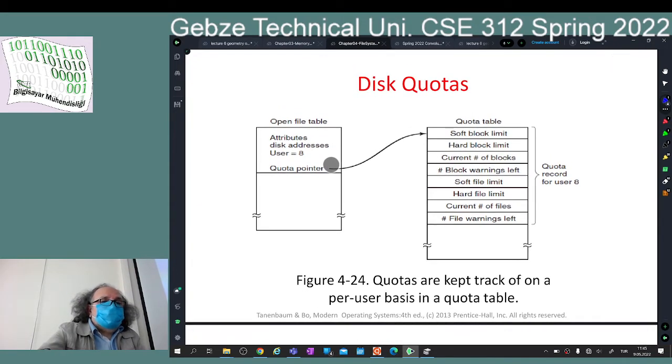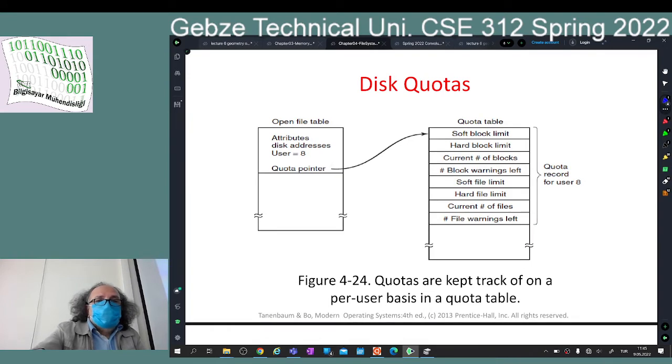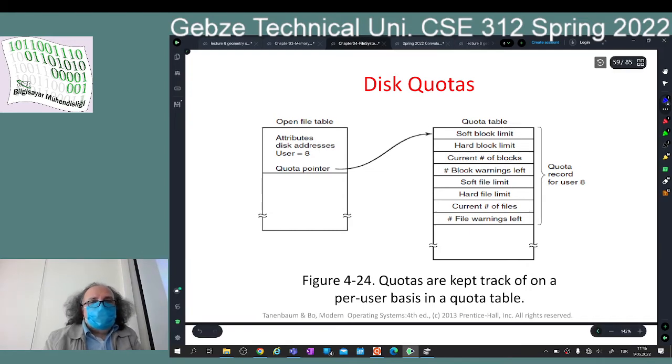In my file descriptor table, I have a pointer to a quota table. In that quota table, I have the soft block limit and hard block limit, the current number of blocks, the number of warnings left, and etc. I have all this kind of information.